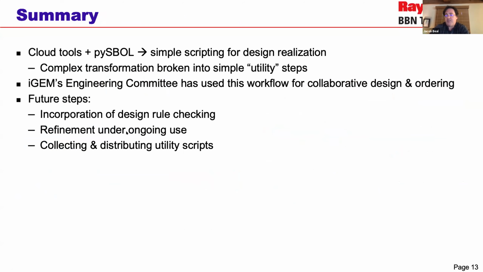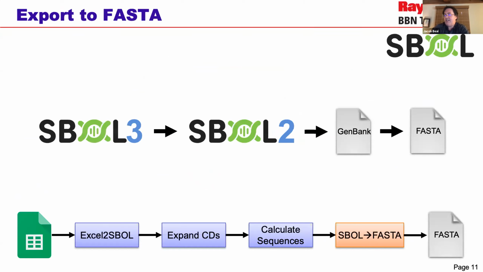And what that's going to look like is actually really simple. We're going to add one more link in here, which is that between calculating sequences and exporting to FASTA, we're going to put a little checker in there that just runs through the sequences and looks for illegal cut sites and checks to make sure that the junctions where we want cut sites have the right cut sites there.